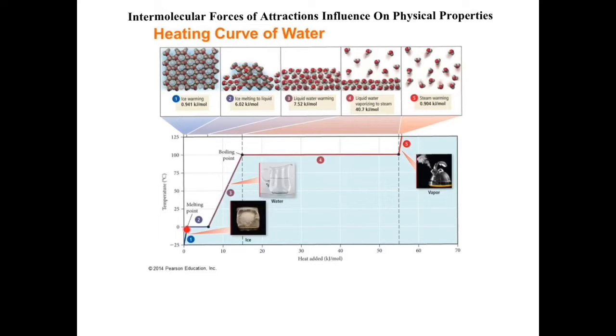So in other words, 1 mole of ice, 0.941 kilojoules. That's how much energy it would take just to heat 1 mole of ice up from minus 25 to 0. Then to melt that 1 mole of ice will take 6.02 kilojoules.